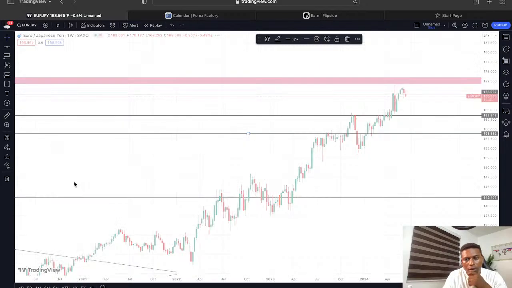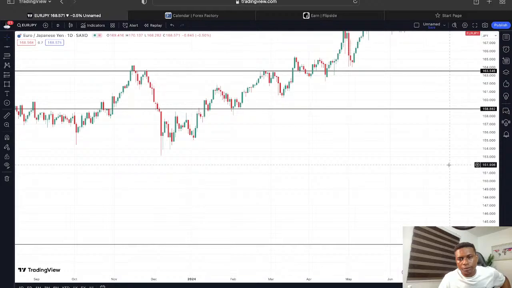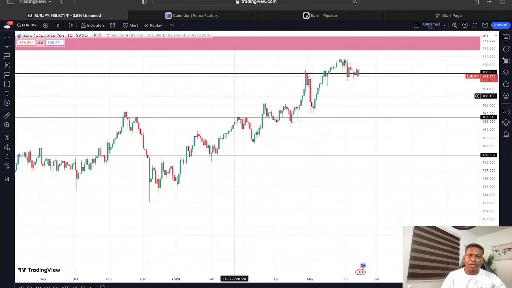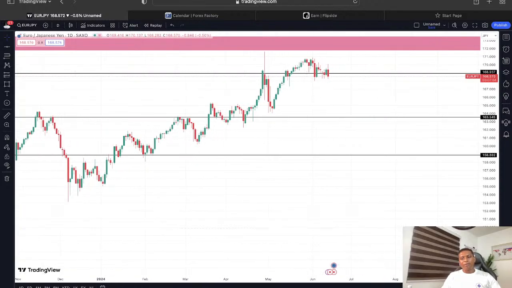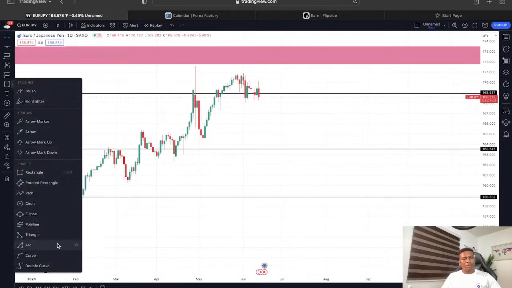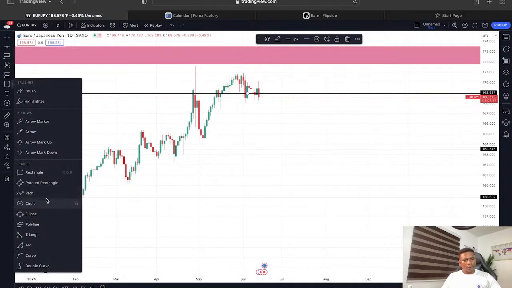So let's go down to the daily time frame. What do I see on this daily time frame? Of course, the higher the time frame, the more significant the pattern. Let me show you what I can see.